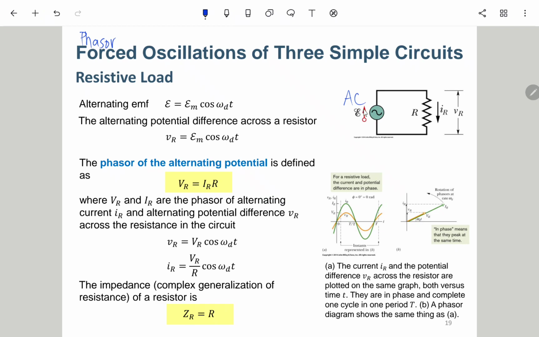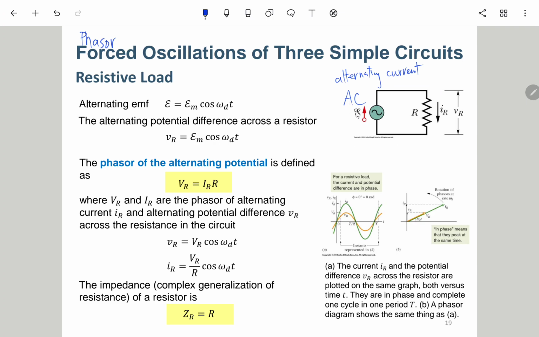AC means alternating current, 交流电. Even though this is a voltage source, you can see E here is an alternating EMF.